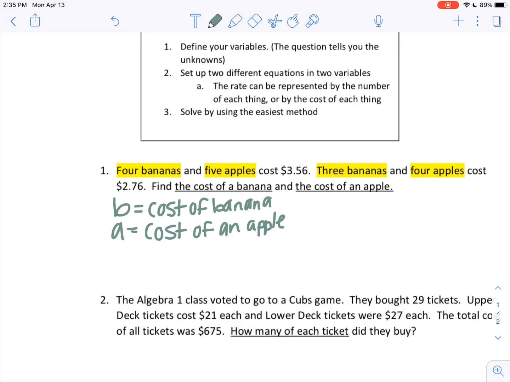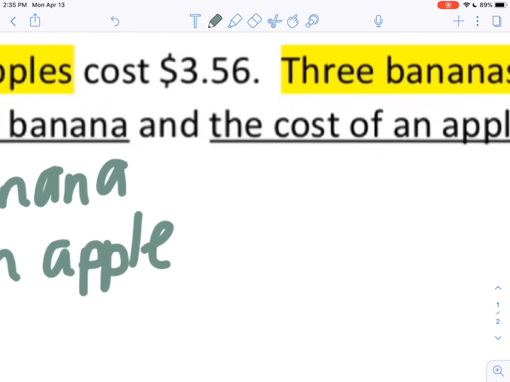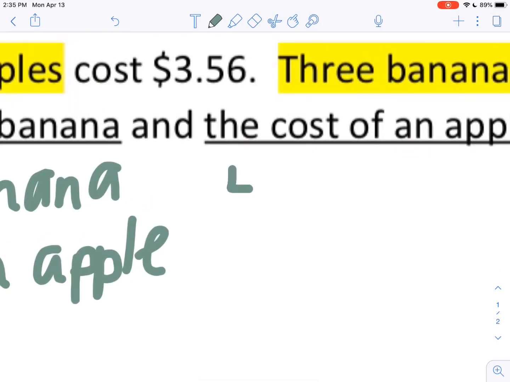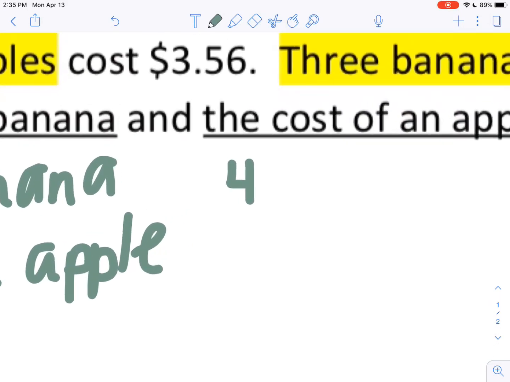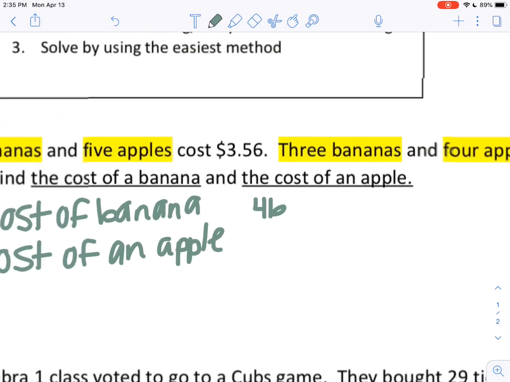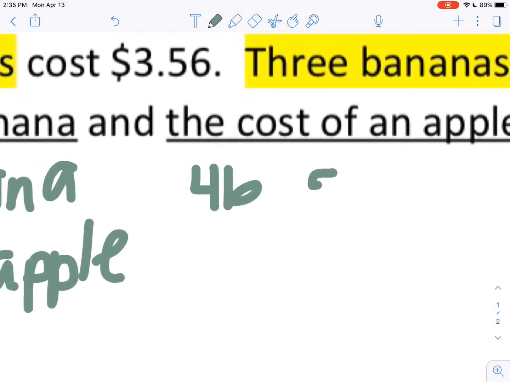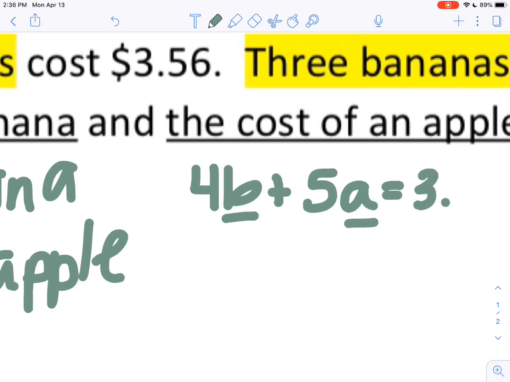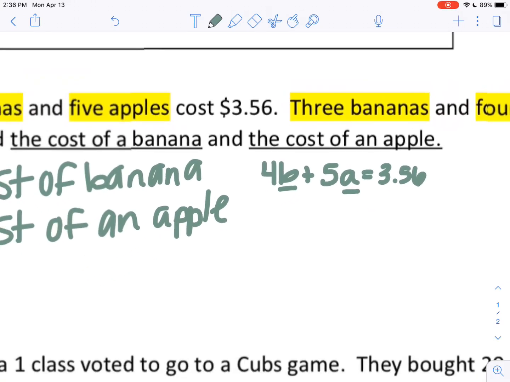Okay, that's going to give me a total of $3.56. So I'm going to say 4 bananas and 5 apples, right? So the B and the A are representing the cost. Well, you could represent the cost by however many you're buying. Add those together, and that's going to give me my total price. Okay, so that's my first equation.